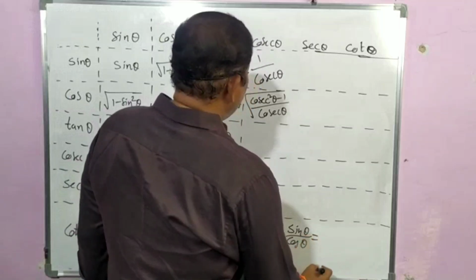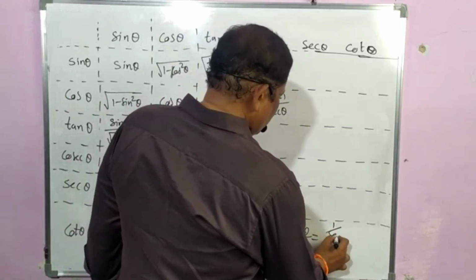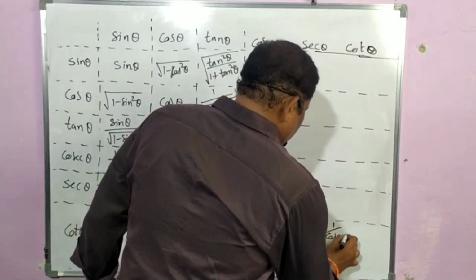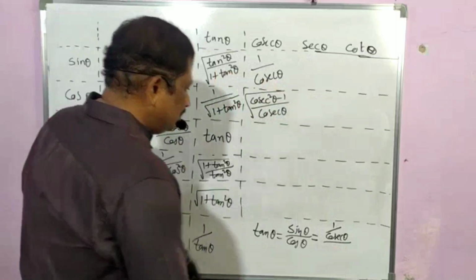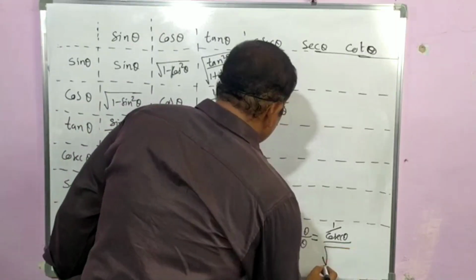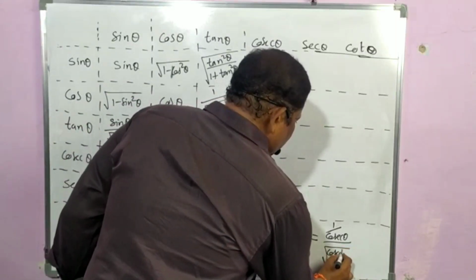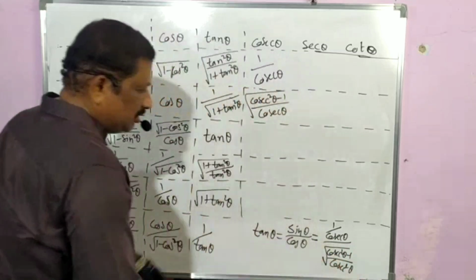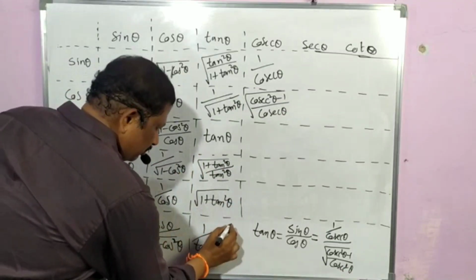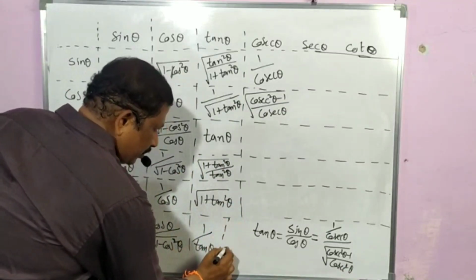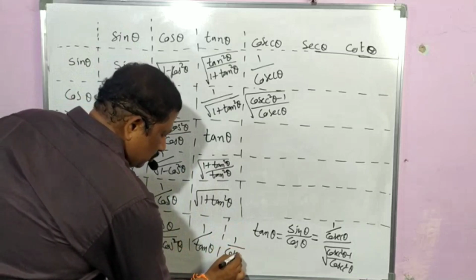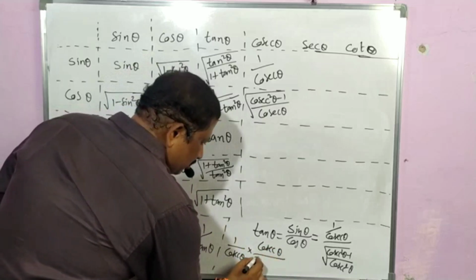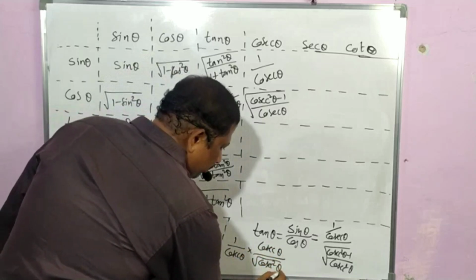So sine is 1 by cosecant theta. For cos, under root cosecant square theta minus 1 by cosecant square theta. Here the square root gets cancelled, so the reciprocal will be on the right hand side: 1 by cosecant theta into cosecant theta by root of cosecant square theta minus 1.